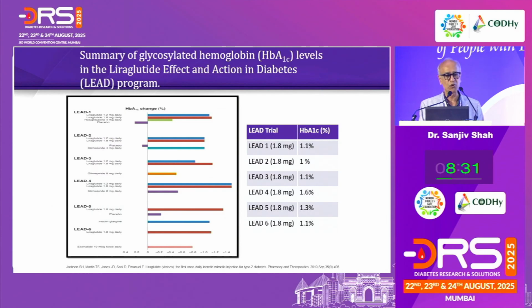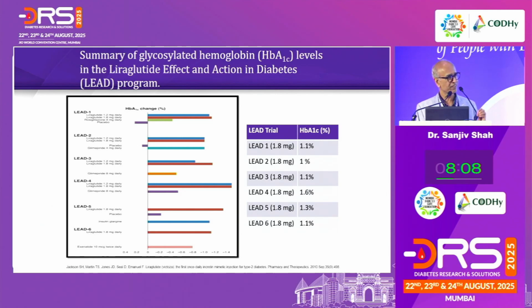Look at the LEAD program, 6 different trials, with baseline between 8 and 8.8. So at a modestly higher A1C, it could still reduce HbA1c by up to 1.6%, many times around 1.2 to 1.3%. This is the maximum you might achieve.